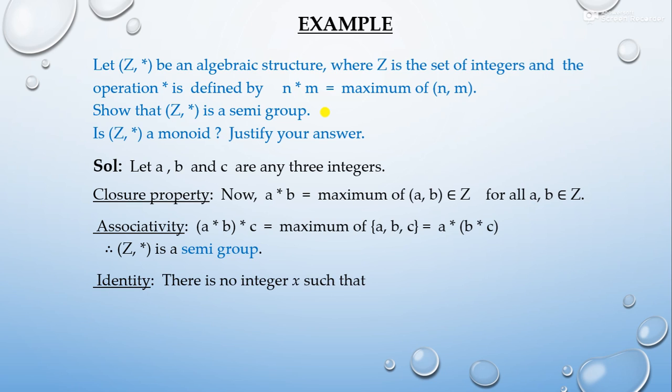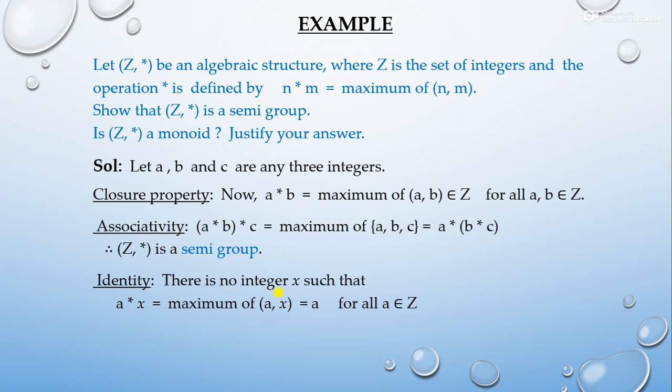So check the identity here. There is no integer x such that, if we take an element a from the set Z, a star x, which is the maximum of a and x, is equal to a. It is not possible that taking the maximum of any element a and x is always a, because the maximum may be x.